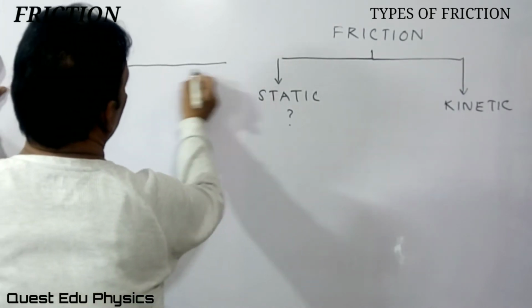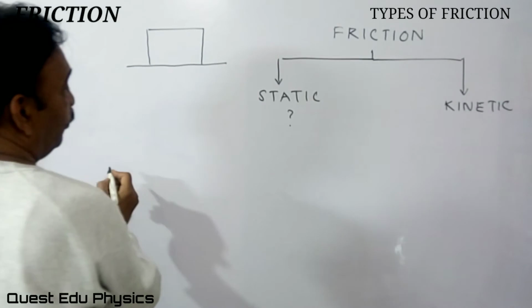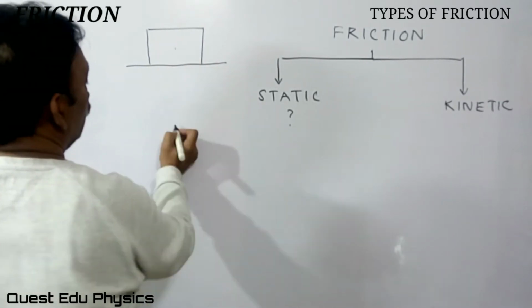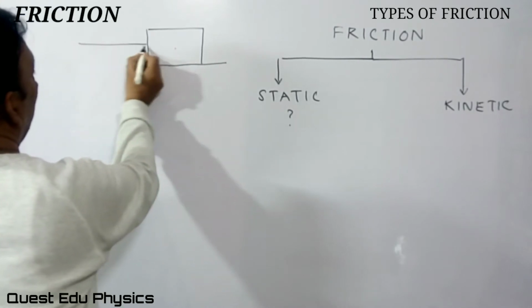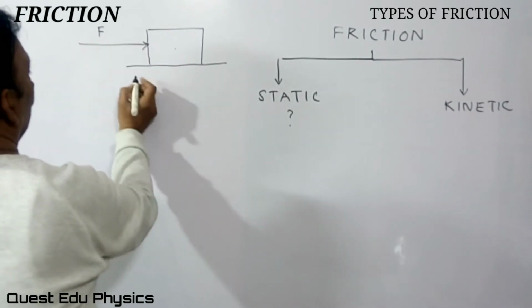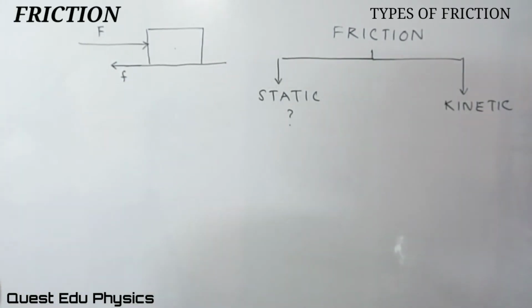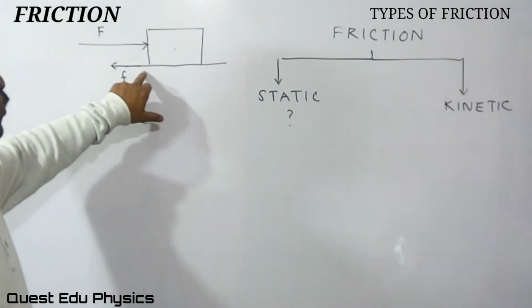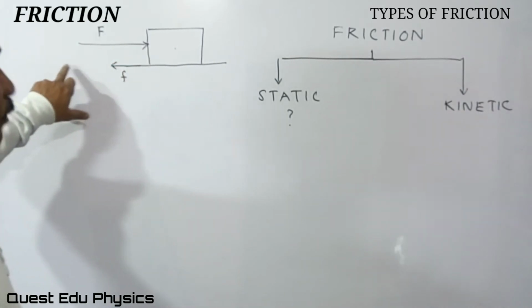Let's say it is a surface on which I kept a body, and as usual weight works vertically downwards. There is a normal reaction. I am applying a force here, and the frictional force works opposite to the direction of the applied force.